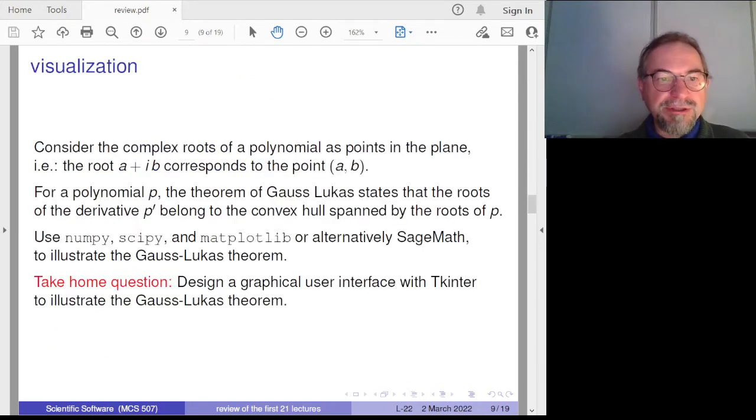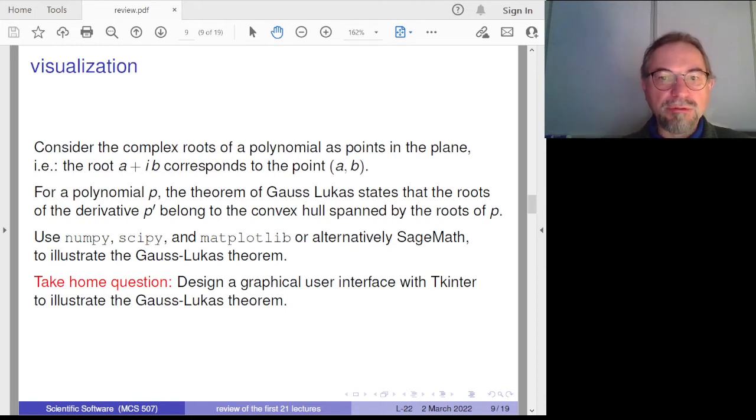Okay, visualization, and again with polynomials here. So there is the theorem of Gauss-Lucas that states that the roots of a polynomial, the roots in the complex plane in general, define a polygon.